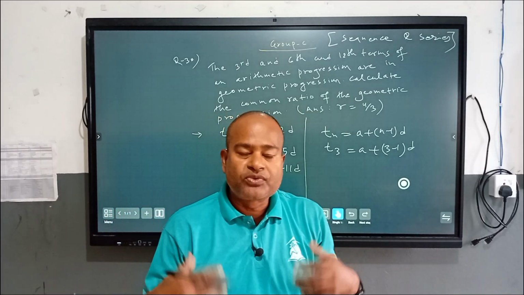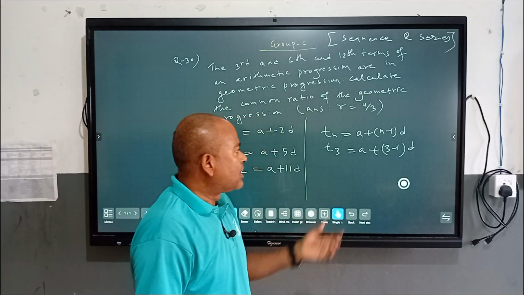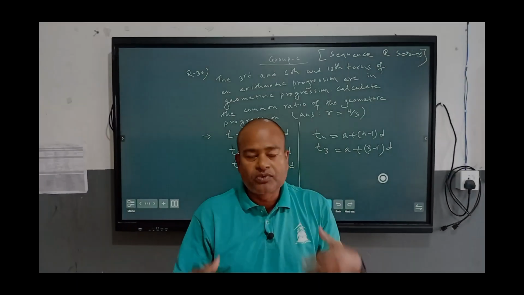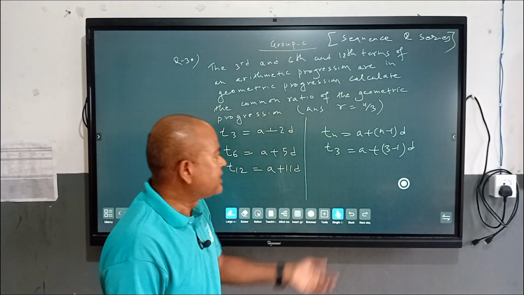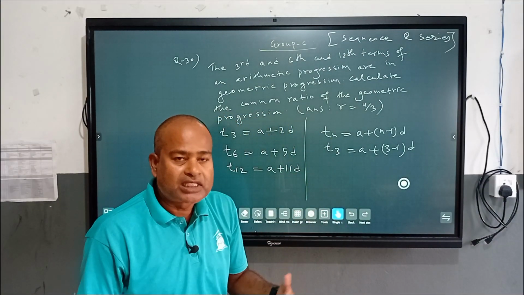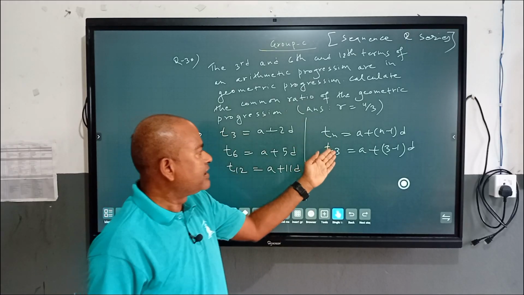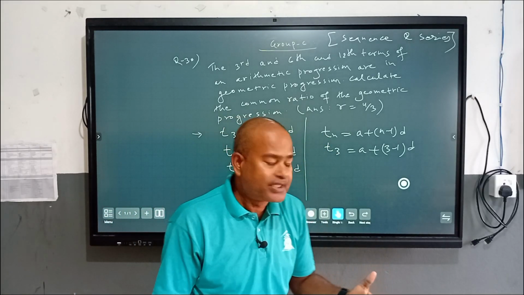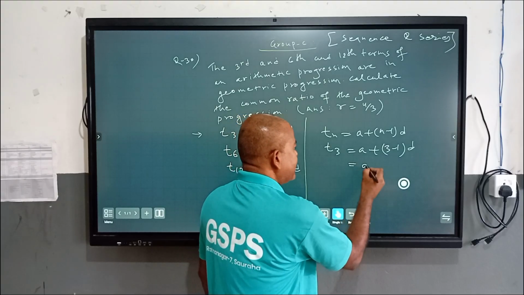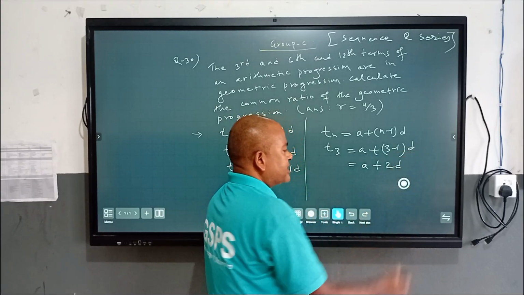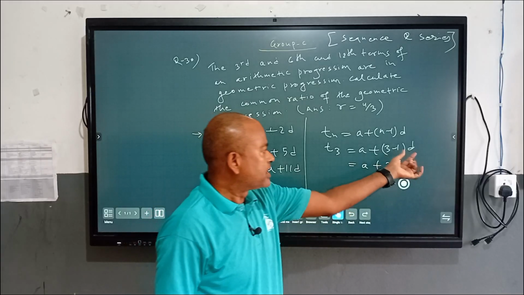By using the general term formula, we can find out any specific term. By putting n equals 3, we get T3 equals a plus 3 minus 1, that means 3 minus 1 is 2, 2 times d.